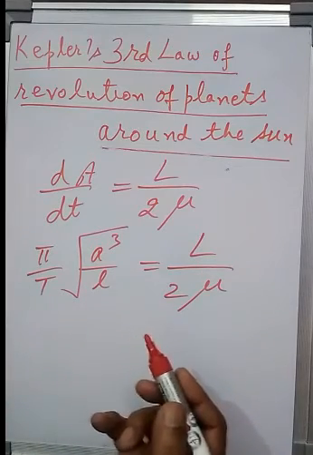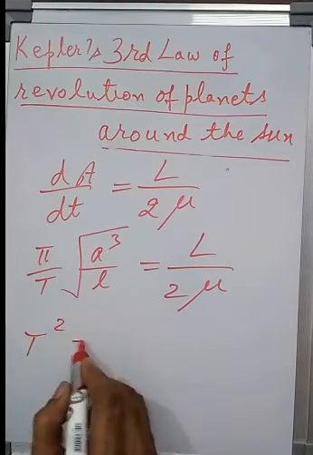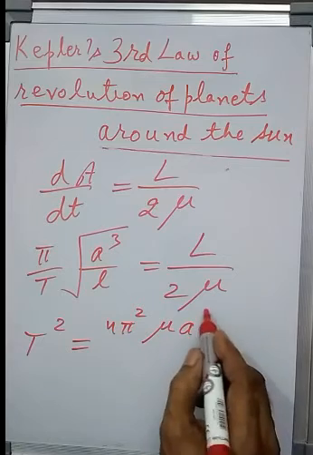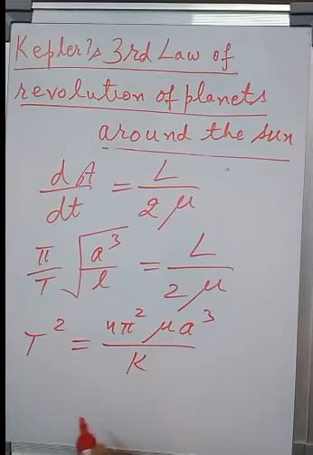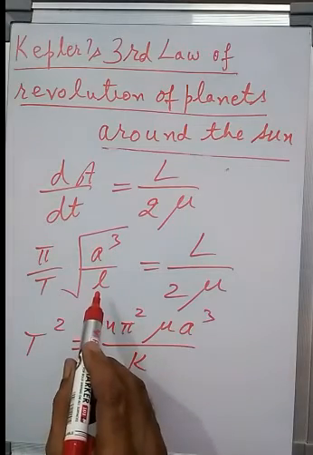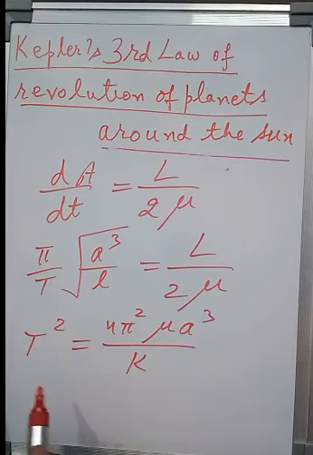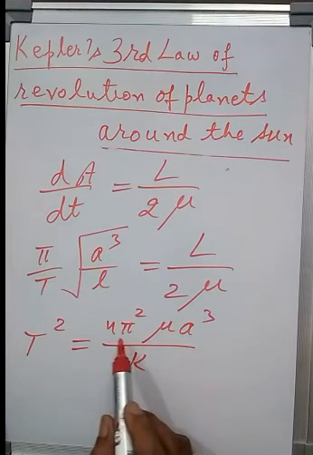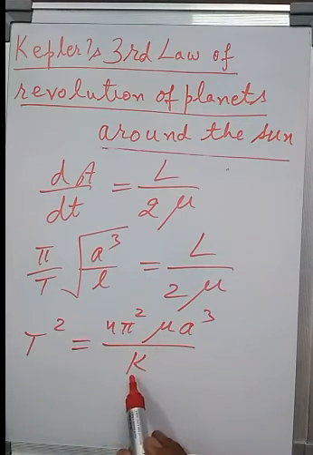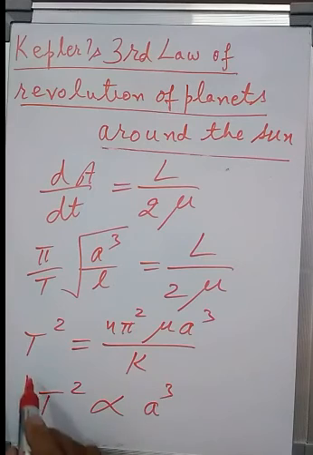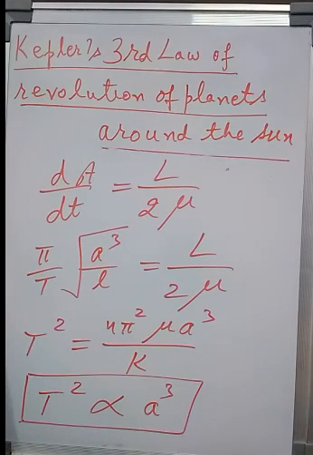After squaring and then simplifying, we can very easily get the answer T squared equal to 4 pi squared mu a cubed upon capital K. I have also used the value of l I gave you in the starting by putting l and squaring both sides. After simplification, you will get this. So this is the answer for T squared. Here 4 is a constant, pi squared is a constant, mu is a constant, K is also a constant. So I can very easily write T squared is proportional to the cube of a. That is the proof for Kepler's third law of revolution of planets around the Sun. That's all. Thank you.